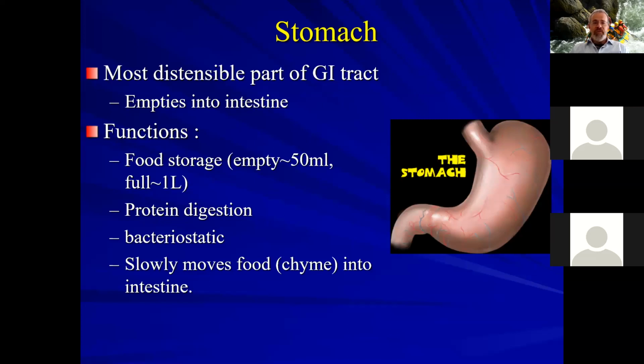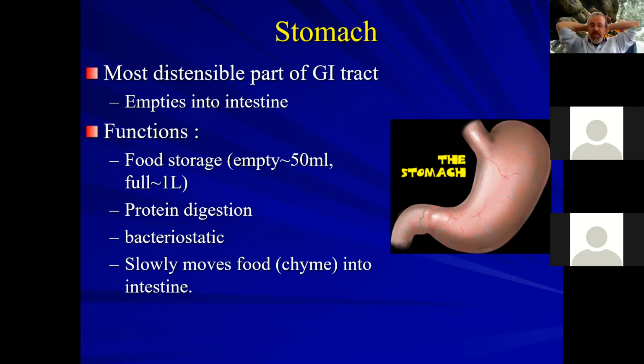What first happens when food comes into the stomach is that it's stored. It doesn't automatically go from the esophagus to the stomach to the intestine. That would not be a good thing. If food went into the intestine as quickly as it comes into the stomach, whatever you're eating, you would get a surge of blood sugar that could potentially lead to issues later on.